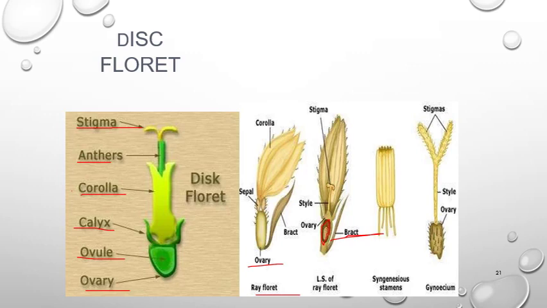Then we have the style, and then we have a stigma, and this structure is called the ligule. So here we have the syngenesious stamens, in which the anthers are united together in a tube and the filaments are free, as you observed in this slide.